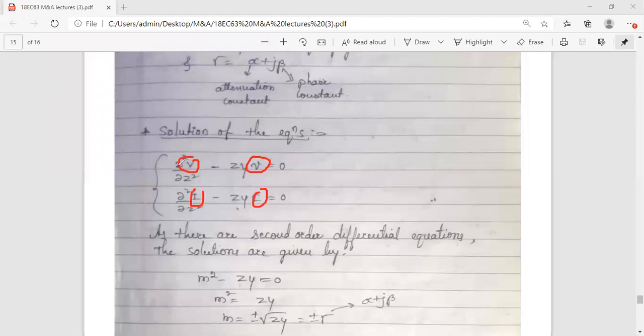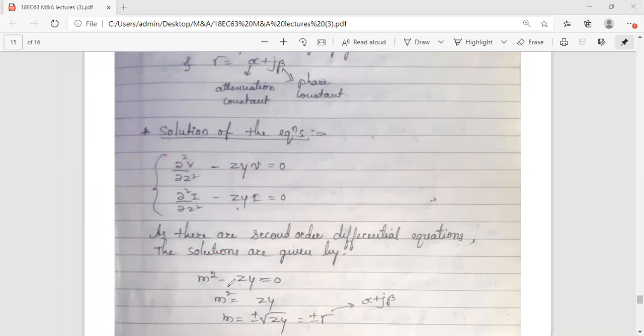So for both, as it is second order, let me take m square minus zy, and there is no differentiation in the second term, so only zy, equals 0.